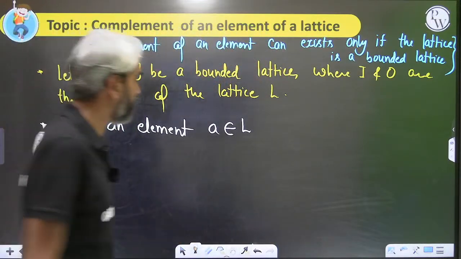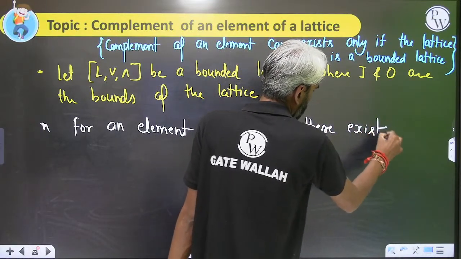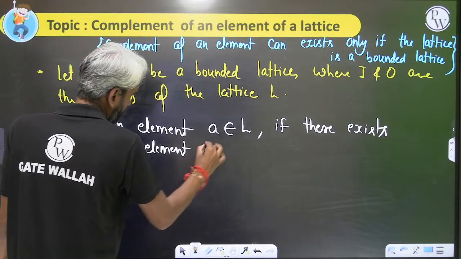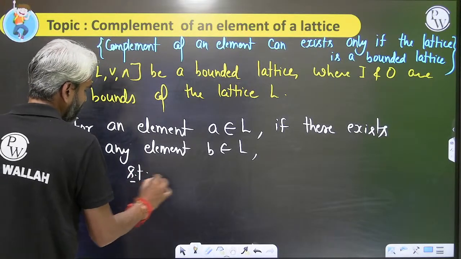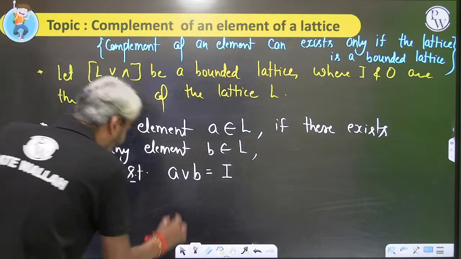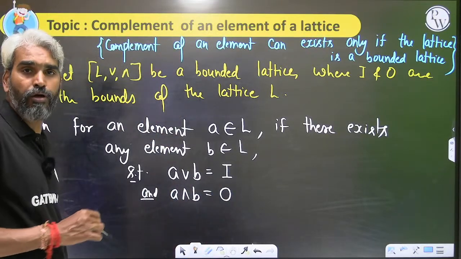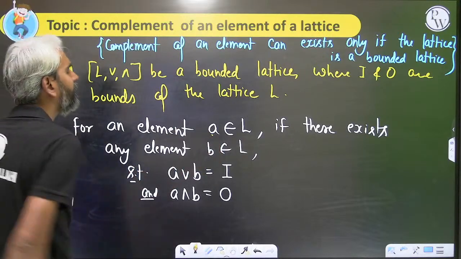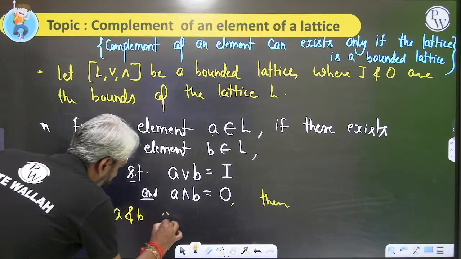So, for an element A belonging to set L, if there exists any element B belonging to set L such that the least upper bound of A and B is equal to the universal upper bound and the greatest lower bound of A and B is equal to the universal lower bound of lattice L. If for element A there exists any such element B, then A and B are called complements of each other.